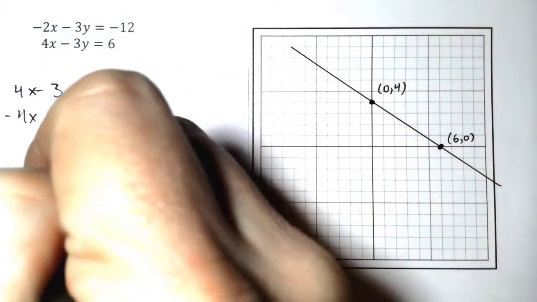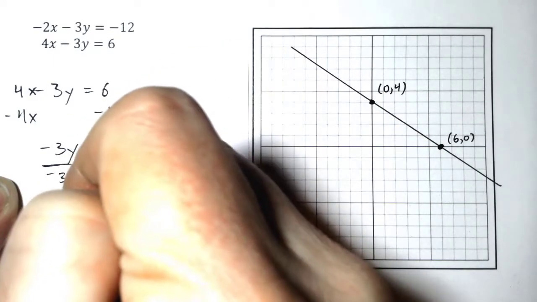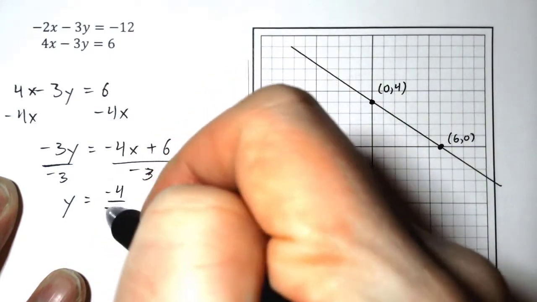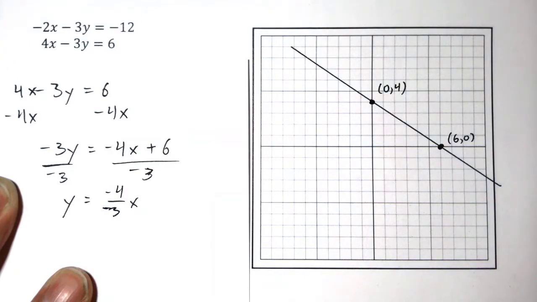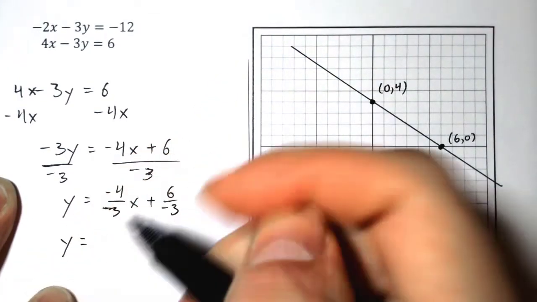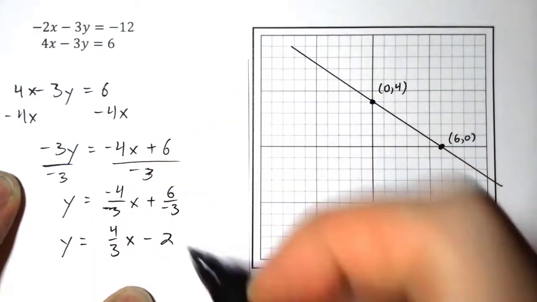Now I'll divide both sides by -3. So I have -4 divided by -3 times x plus 6 divided by -3. Simplifying this, I get 4/3 x minus 2.